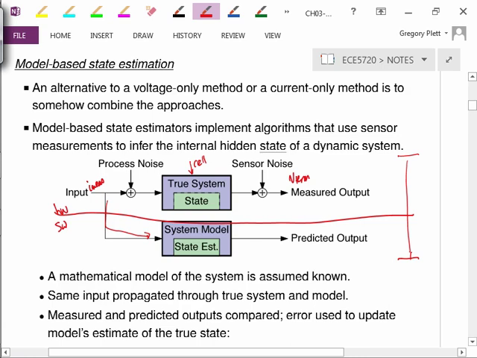It's my program. I measure current. I put it into my model. In other words, I simulate one time step of my model. And because my model is being executed in a program, the state is simply a variable in my program, and I can do anything I want with a variable. I can print it. I can save it. Whatever you want, you can do with the model state estimate.